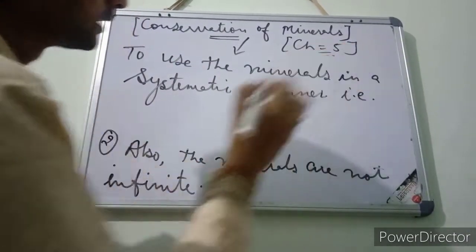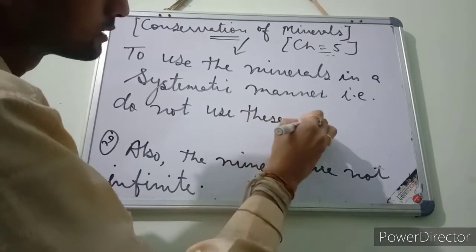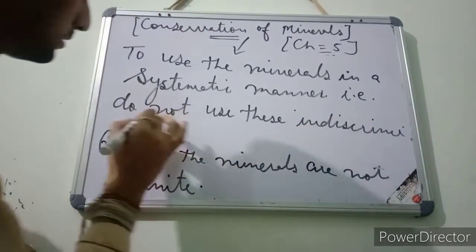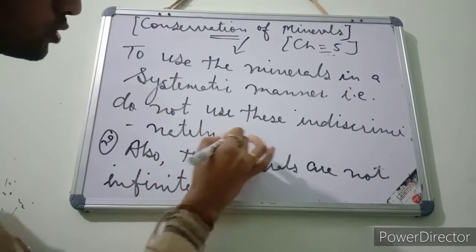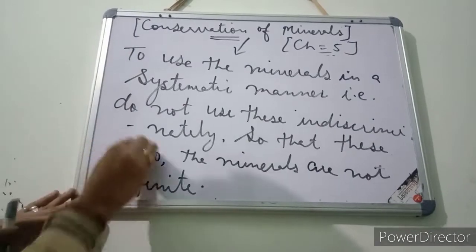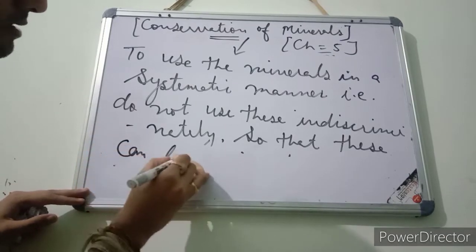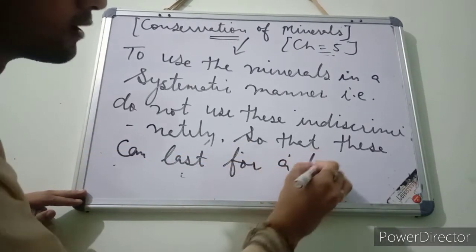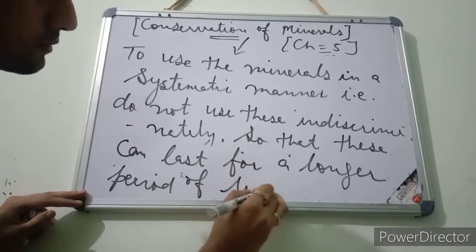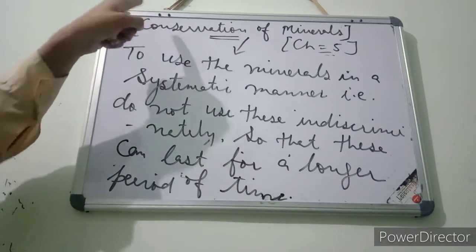That means do not use these indiscriminately, so that these can last for a longer period of time. ठीक है जी बच्चों, this is for a longer period of time. This is meant by the term conservation of minerals.